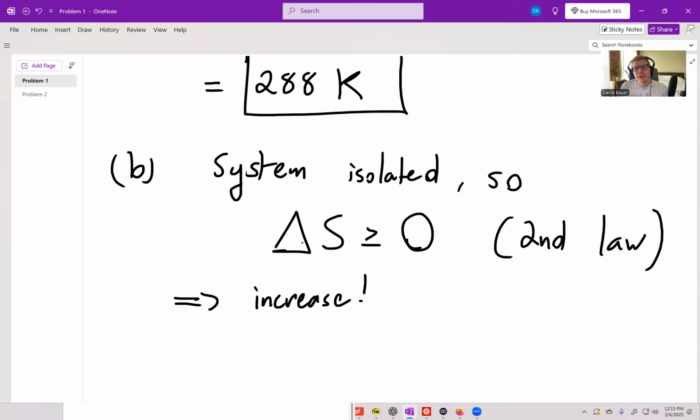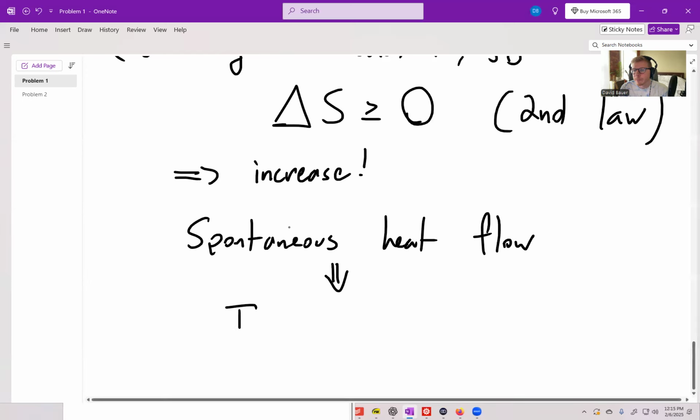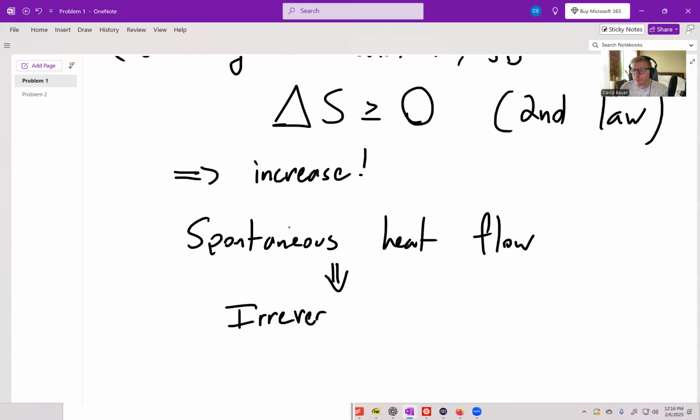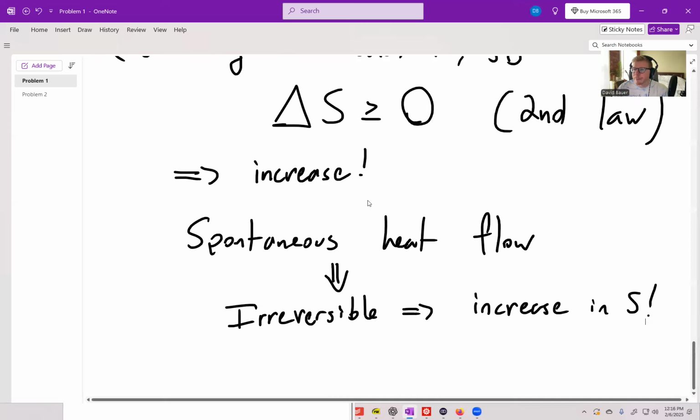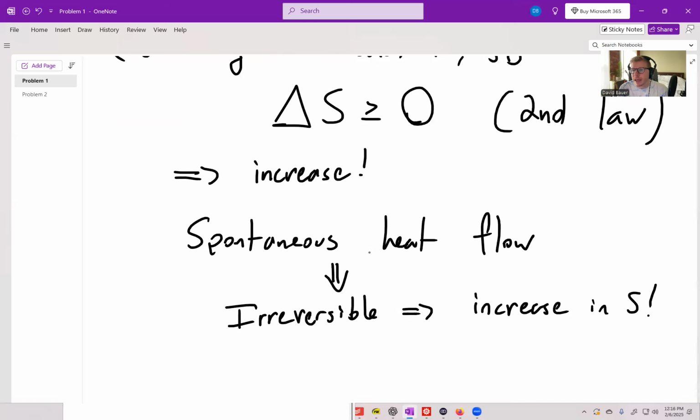So by that logic also, we can conclude that the entropy has to increase. All right, so either way we think about it, we end up with this conclusion: the entropy is going to increase.